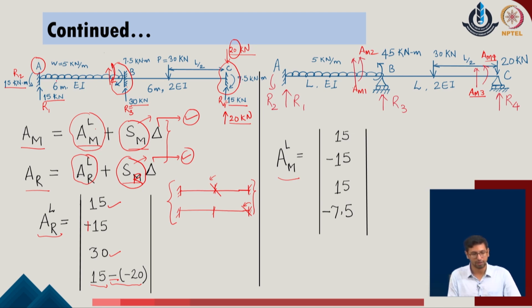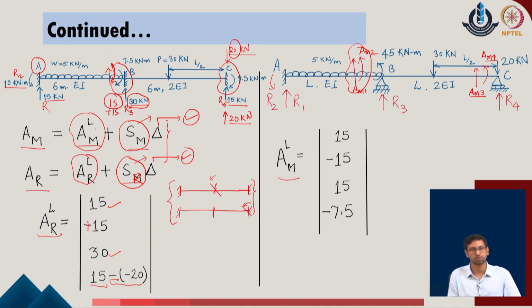Now, one must understand that when I am calculating this value, it should be only calculated with the member AB, because this is the end action force of the member AB of the given system. The net value of the 30 which we are getting over here is the contribution of the load coming from the member BC as well as member AB of the given system. But if I take the contribution of only member AB, this net reaction over here is 15. So, 15 plus 15 which has been considered.